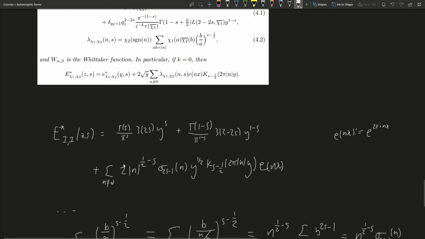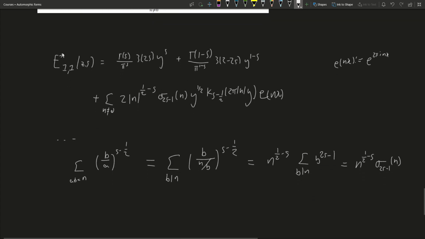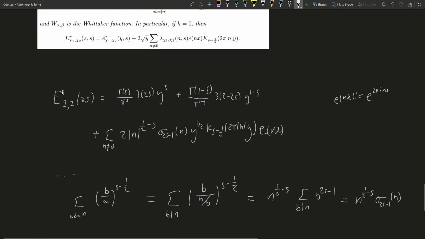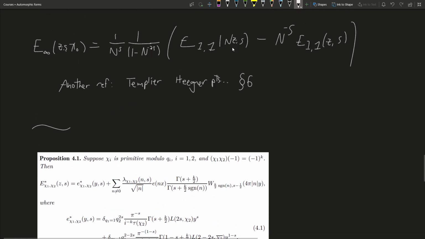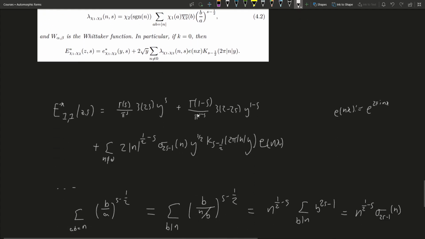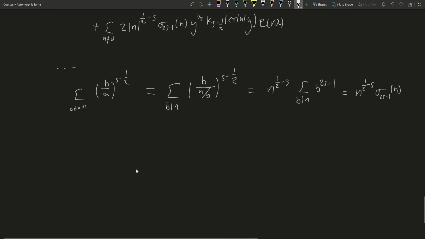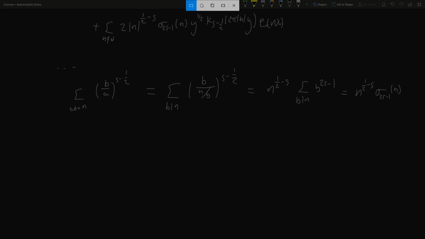So we've got this Fourier expansion for the completed Eisenstein series, but we need this without the completed stuff, because that's the version that appears in the thing that we want. So the last thing we're going to need is this definition of the completed Eisenstein series, and Young gives this directly above.